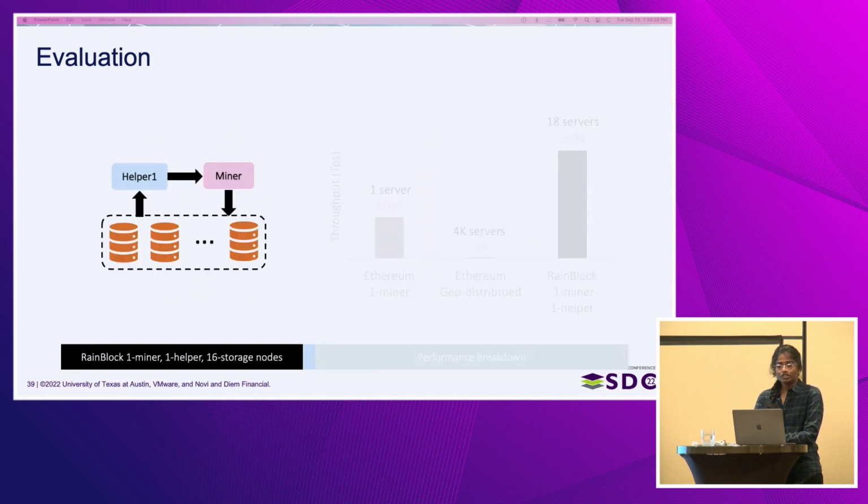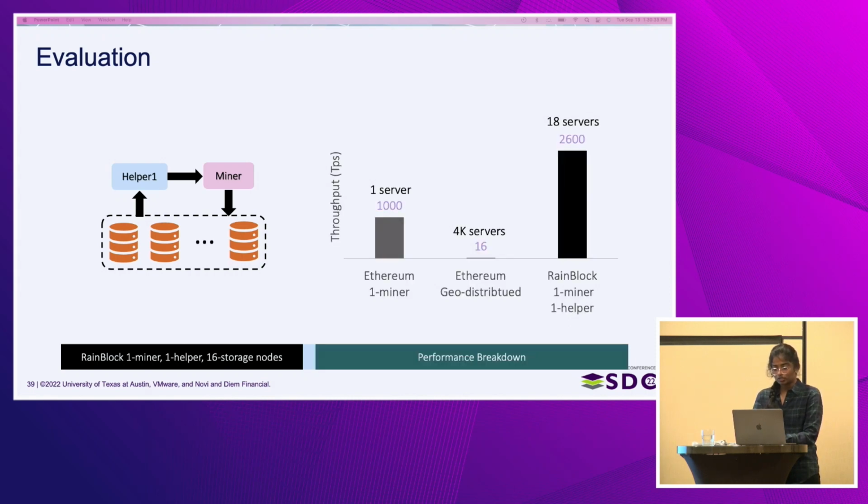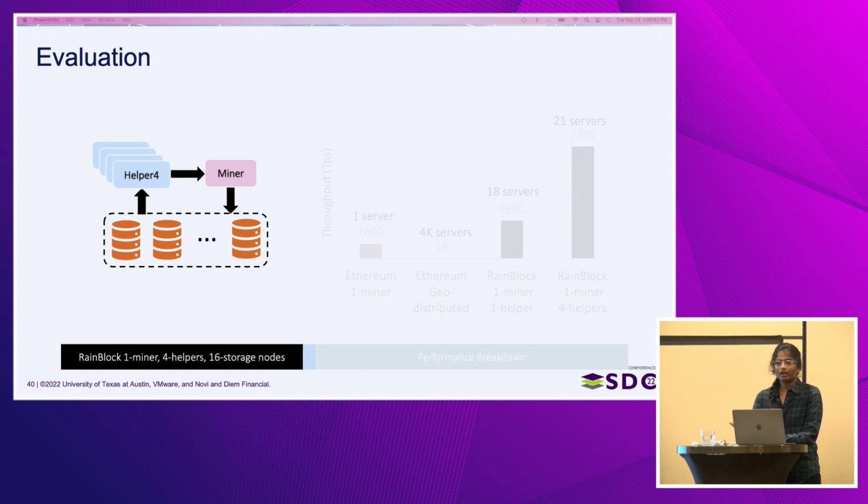In comparison to these numbers, a single RainBlock miner with 1 IO helper and 16 storage nodes can process more than 2000 transactions per second using a total of 18 servers. In this setting, we also notice that the miner is heavily underutilized. Therefore, we scale the number of IO helpers.